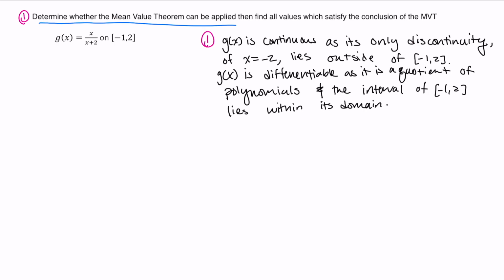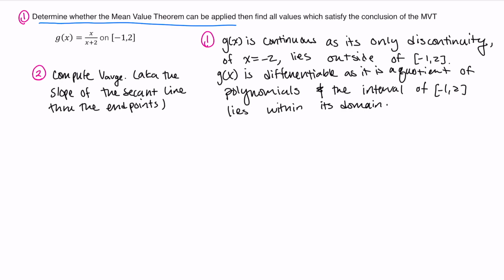So the next thing we need to do is find the slope of the secant line that connects these endpoints, also known as the average rate of change. All right, so the average is going to equal g of 2 minus g of -1 divided by 2 minus -1.